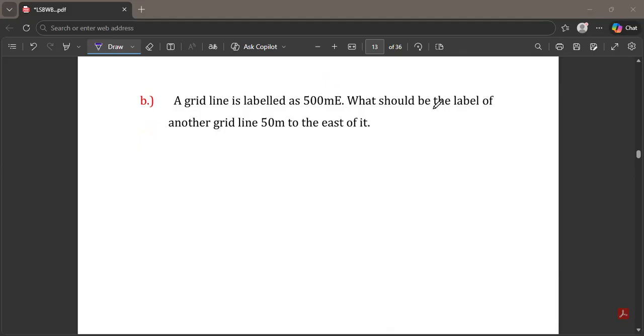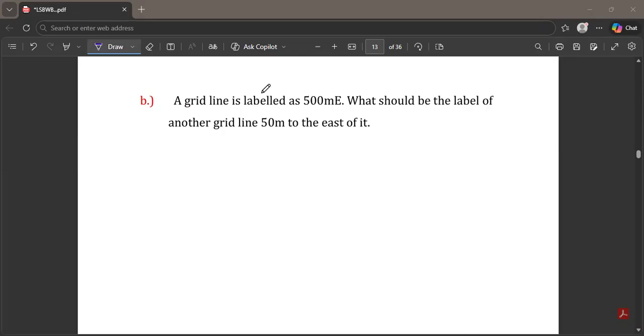What should be the label of another grid line 50 meters to the east of it? So we were told a grid line is labeled 500-meter east. Another grid line is 50 meters east of it.